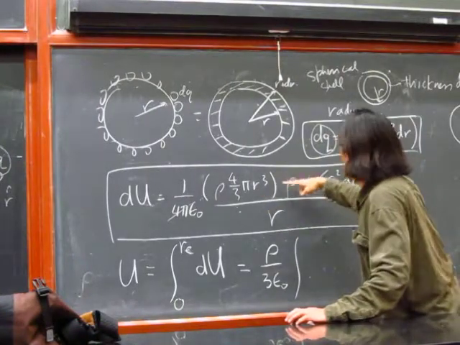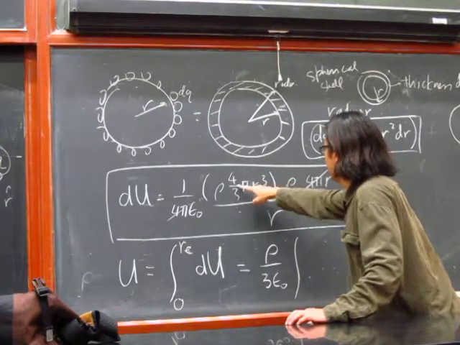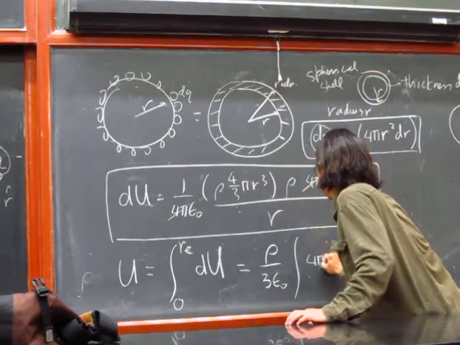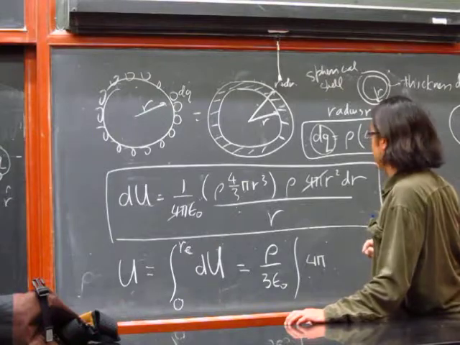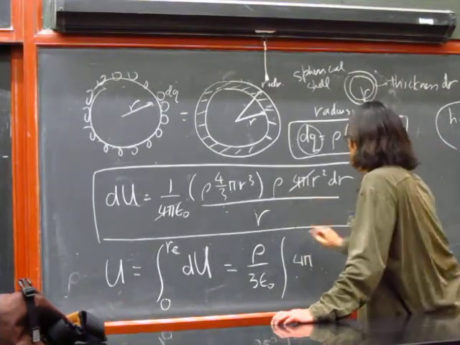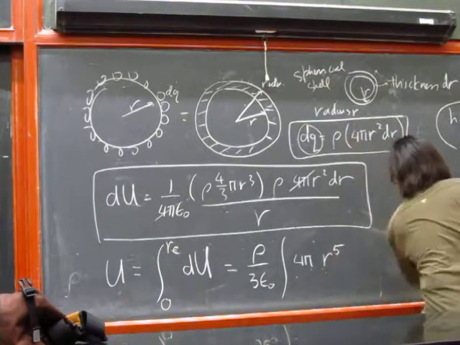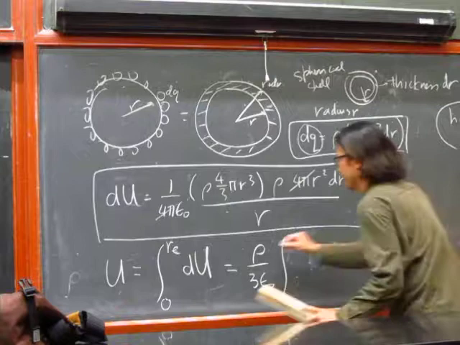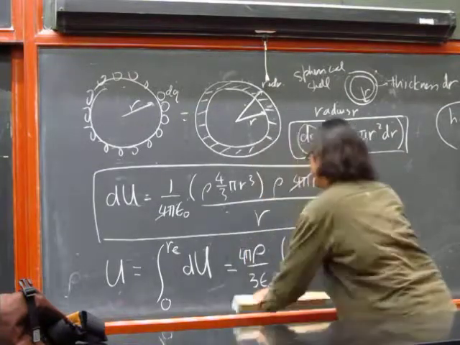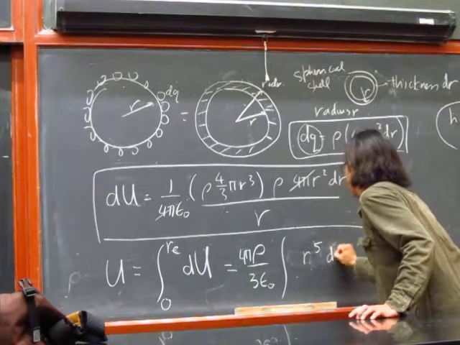There's another 4 pi here, so you put the 4 pi outside, and you have r to the power of fifth.